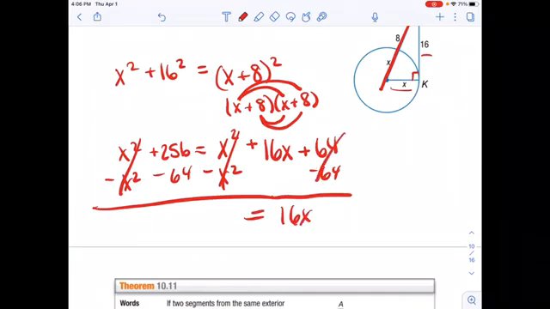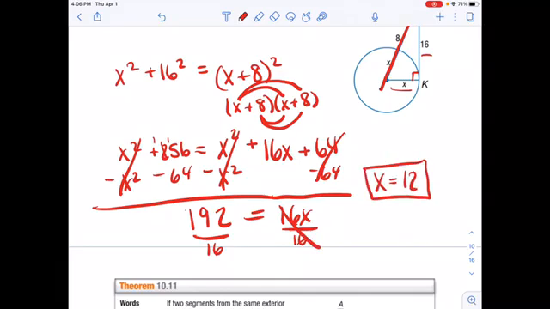So 16x is going to equal 192, I believe. Divide by 16, and x ends up equaling 12 when you plug that in. Okay?